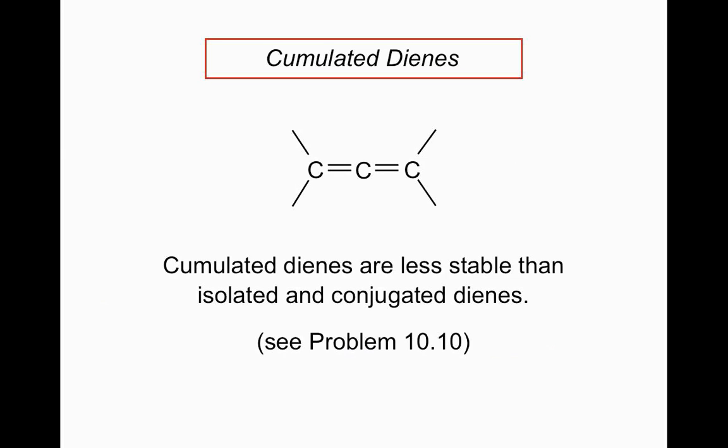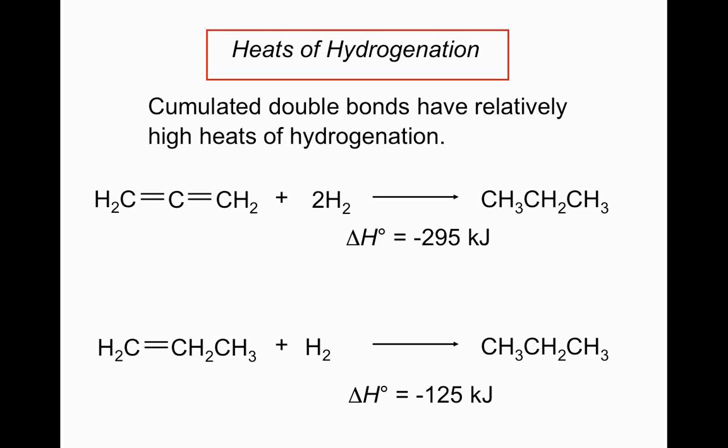The last functional group that we'll talk about is the cumulated dienes. Cumulated dienes are even less stable than isolated and conjugated dienes. Again, this is due to the spatial relationship between the two pi bonds that are shared across one vinyl carbon. On this slide, we can see the relative heats of hydrogenation between 1-propene and 1,2-propadiene.